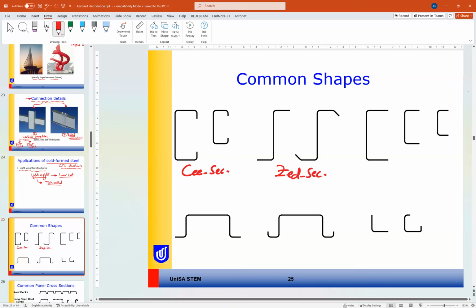And what is the difference between the first one and the third one? Do you know? Do you have a comment on that? This is also a C section. The difference is this part here. There is no lip here. So this is called lipped C section, and this one is unlipped C section.